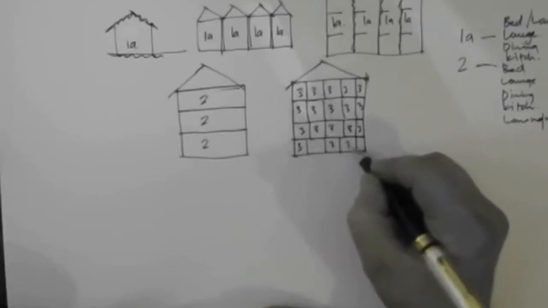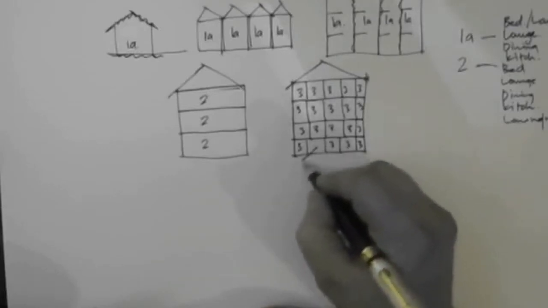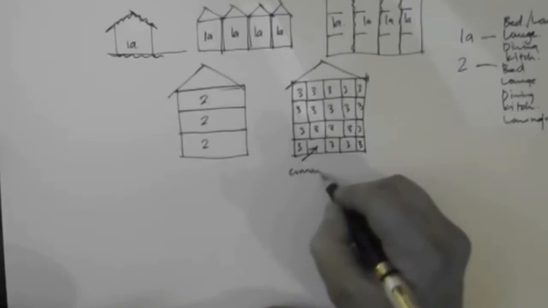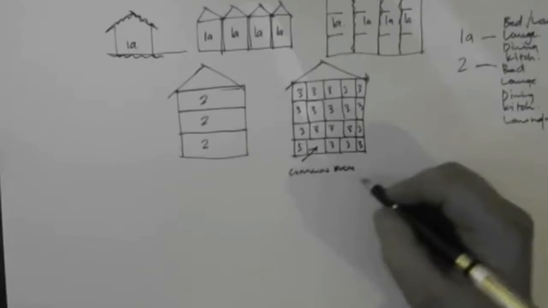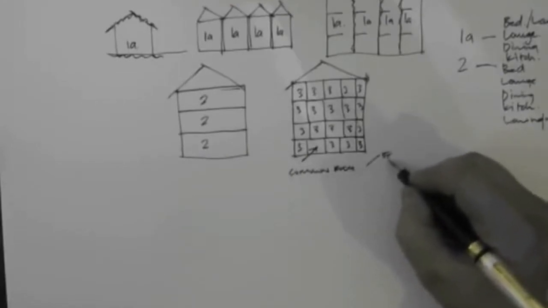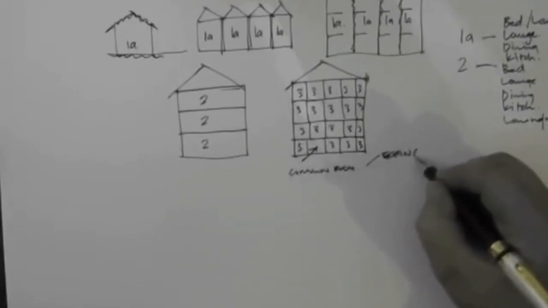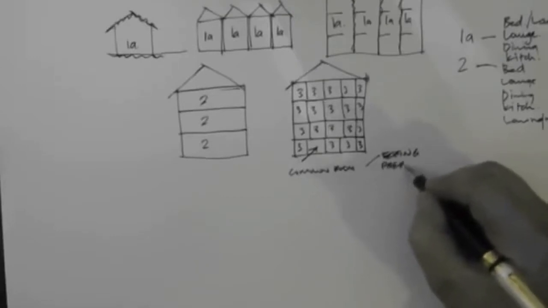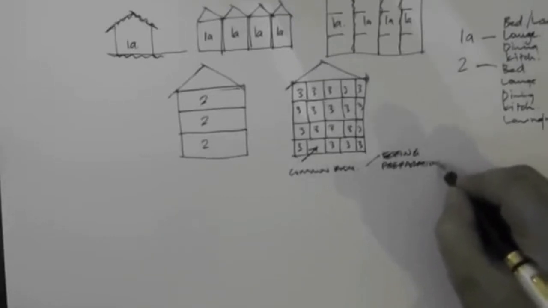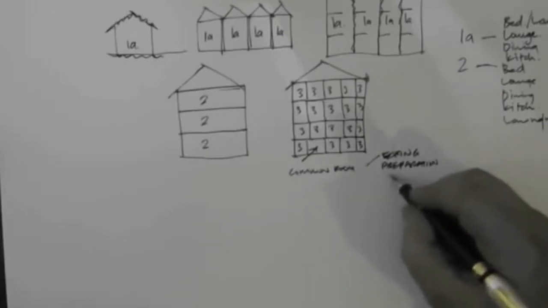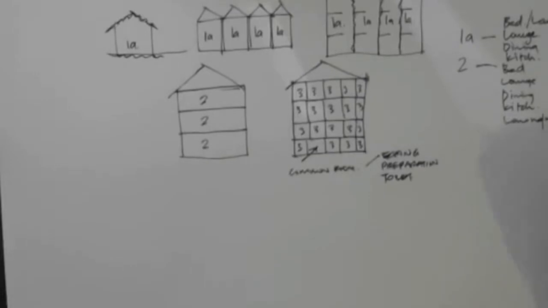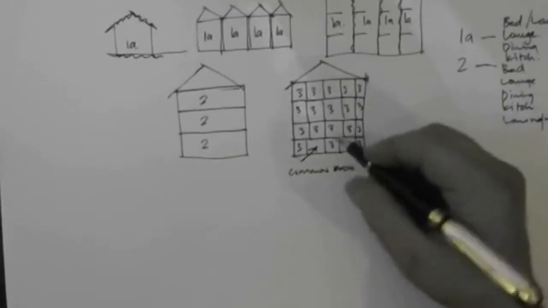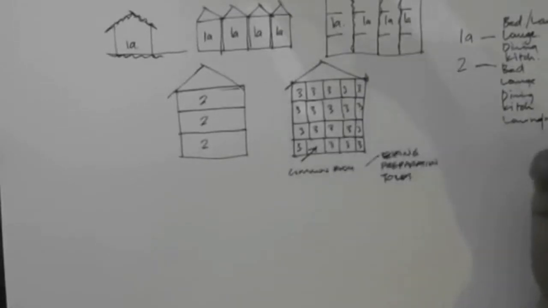You can also have in the Class 3 a common room, which could be used for eating, preparation of food and toilet facilities. But that makes it a Class 3 because your facilities are shared.